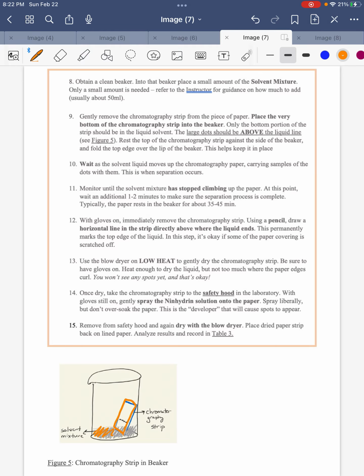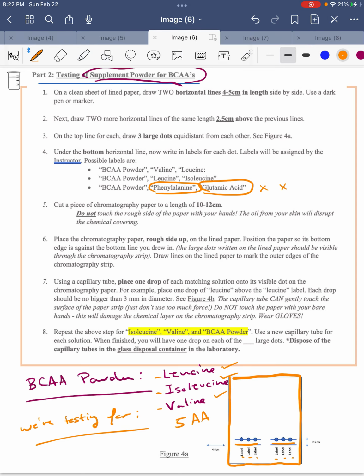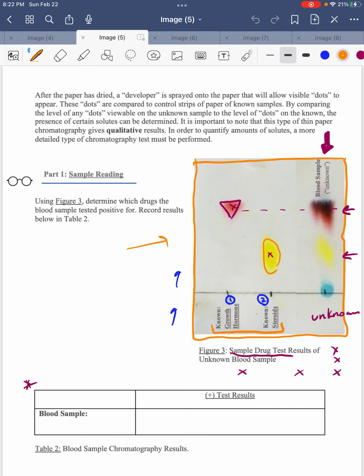All right. What I want to point out, though, before I show you the results, I want to go back for a moment. When we're doing chromatography like this, our results are qualitative. Qualitative means that it only shows the presence of something. It is not quantitative. You know these words, I'm sure. When I think of quantitative, I see an N and I think about a number.